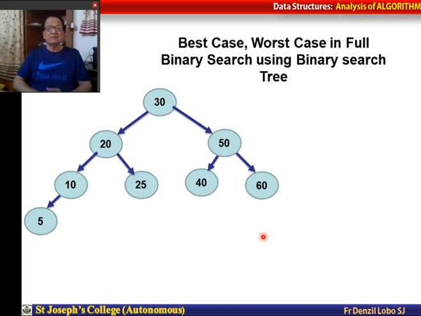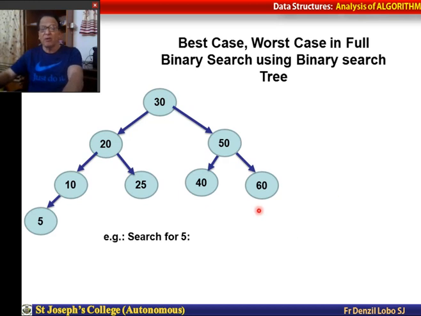Now, what is the best case? For example, I want to search for 30. 30 is at the root of the tree, and that is the best case because I always start the search with the root of a binary search tree. Therefore, that is going to be of the order of 1.